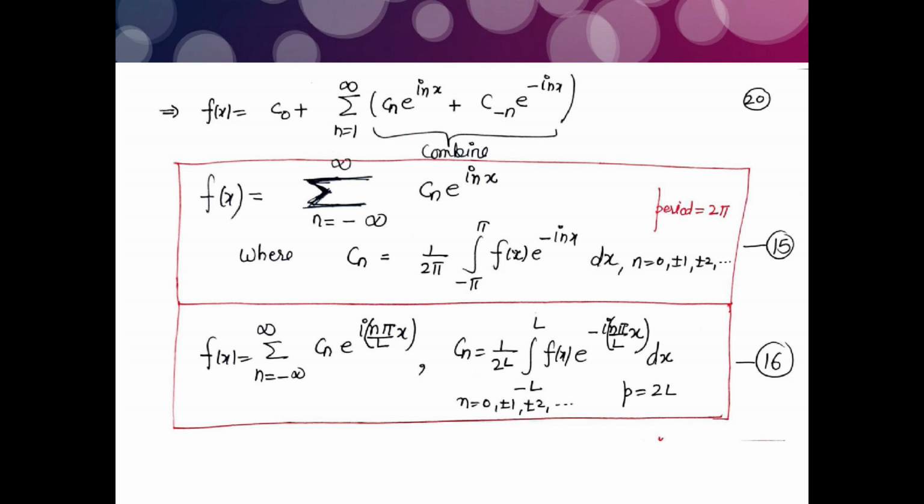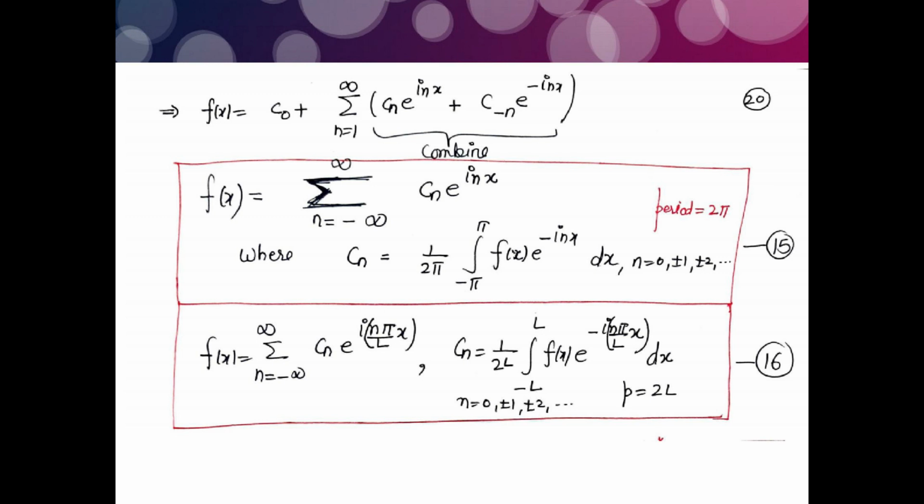The second expression in the first line, c minus n e raised to power minus iota nx, appears in this final expression 15 when n takes values from minus 1 to minus infinity. So 15 is the final complex Fourier series for a periodic function with period 2 pi.